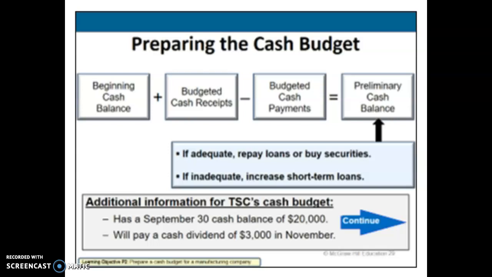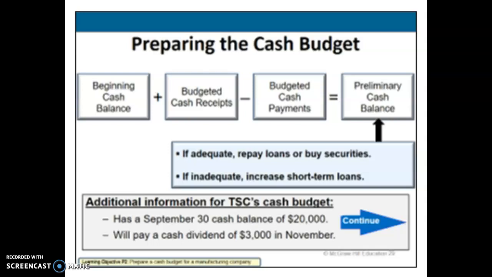Other types of fixed overhead, such as payments for property taxes and insurance, are included if they require cash payments. When we're preparing a cash budget, we add expected cash receipts to the beginning cash balance and deduct expected cash payments. If the expected cash balance is inadequate, additional cash requirements appear in our budget as an increase from the short-term loan we may have to get.